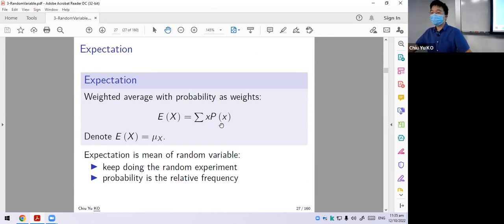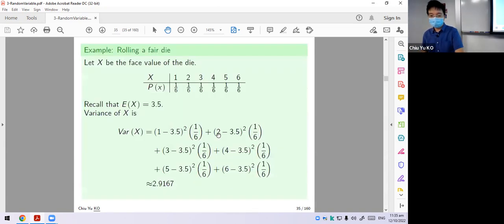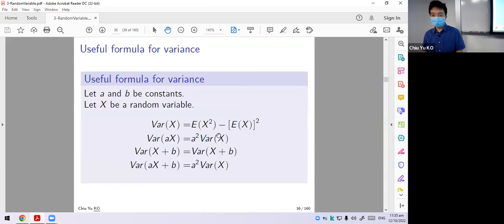So it means that if we actually repeat the random experiment many times, and you observe many outcomes, the outcomes would appear in relative ratio according to probability, right? So that's why mean will be a weighted mean, right? Taking the probability P as the weight. Okay. And we have the same idea for the variance and so on and so forth.